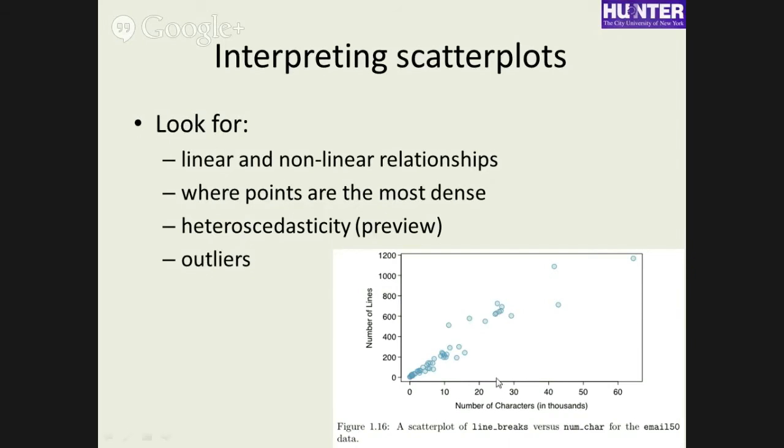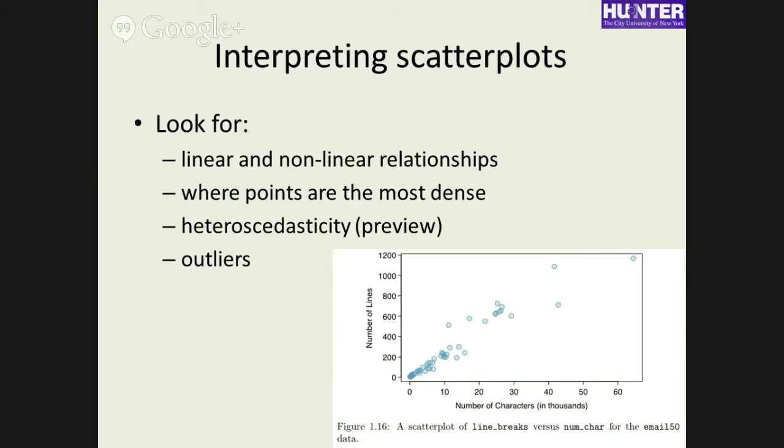So if you look at this, you see that there's not much variability here and quite a bit more up here. So you would say that this is heteroscedastic. It's not homoscedastic, which would mean that the variability is the same throughout the range. So that's just a preview. Don't worry about it, but I figure the more times I mention it, the more likely you are to remember and be able to say heteroscedasticity.